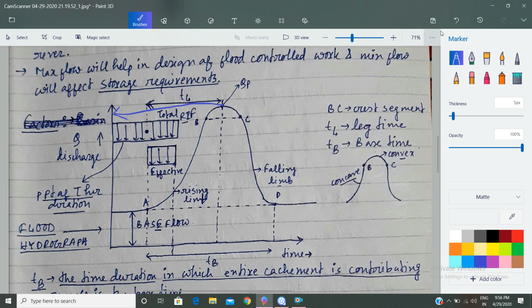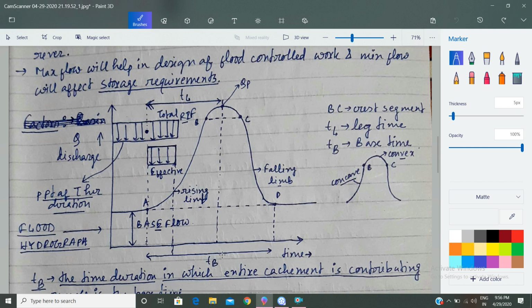Okay, the peak discharge is noted because it is of technical importance, because the peak discharge is identified as the most important feature of a hydrograph, because it helps us to design the hydraulic dam or hydraulic structures which may have a probability of failure due to this peak discharge. Okay, the peak discharge is an accidental phenomenon.